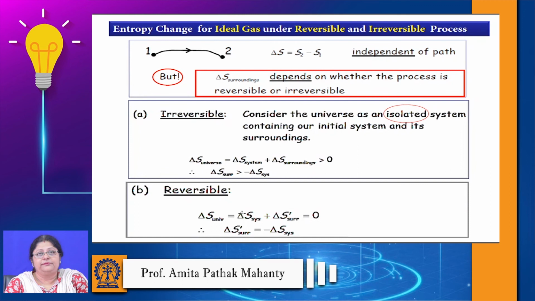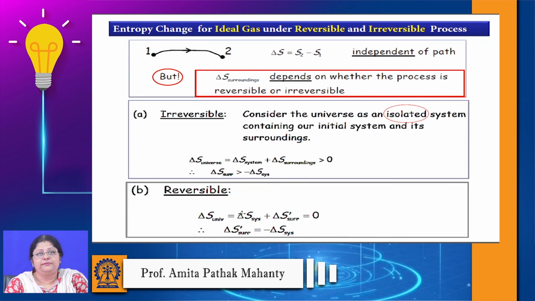For the same change in state carried out irreversibly in an isolated system, the surrounding will not be equal and opposite to the change in entropy of the system. It is going to be more than the entropy change of the system, because the entropy change of the universe is going to be increasing. It's a positive value.